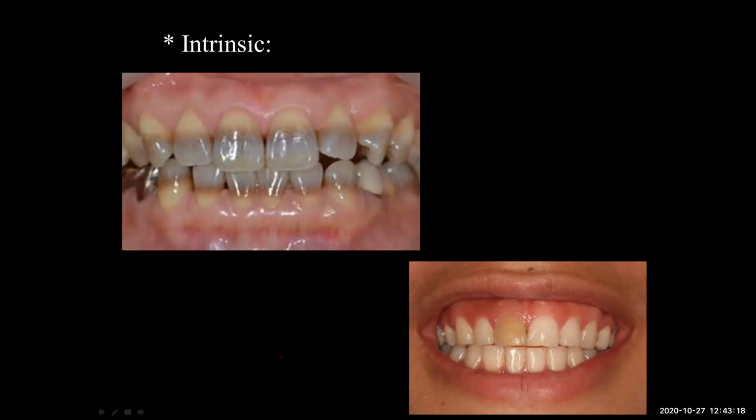This is more of a brown stain. But extrinsic bleaching trays usually aren't the best thing for this. They need to go in and do an internal bleaching. Now they've got a lot of whitening procedures out there now. Has anybody in their private practice experience had success with these type of whitening procedures?